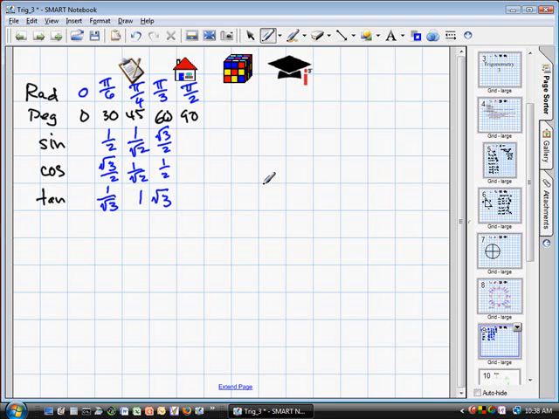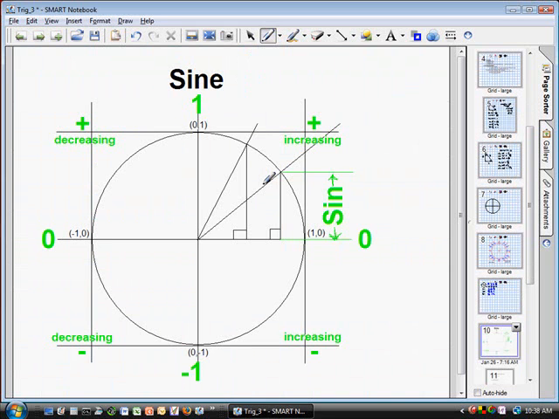So I guess let's start looking at, okay, now here's what I mean by a, actually that's pretty much the end of the material for today, but I'm going to just give you a peek at where we're going. What I call behavior charts. I'm going to teach you a behavior chart for sine, for cosine, and for tangent.